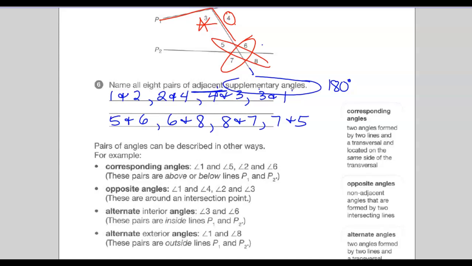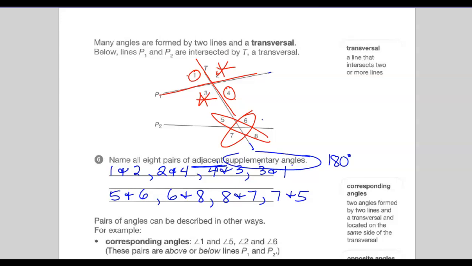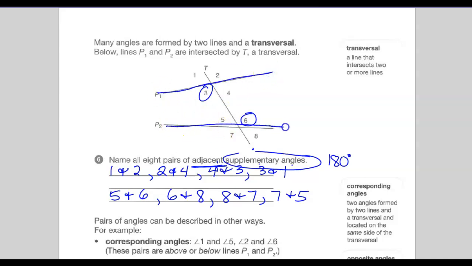Then alternate interior angles, an example is angle 3 and 6. I'm just going to erase this again. Okay, so angle 3 and 6. Now they're called alternate interior. Take a look at the two lines that were given. Both of those are between them, so they're interior, but they're on alternate sides, opposite sides of the transversal.